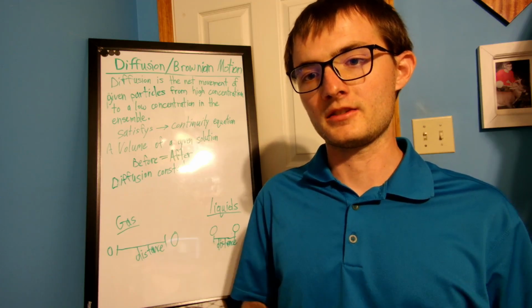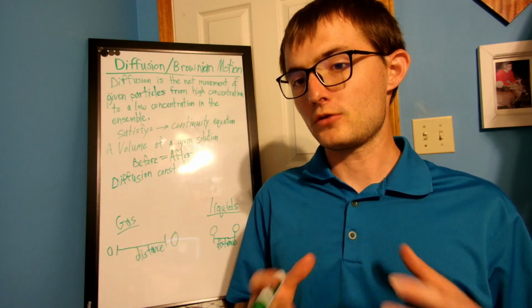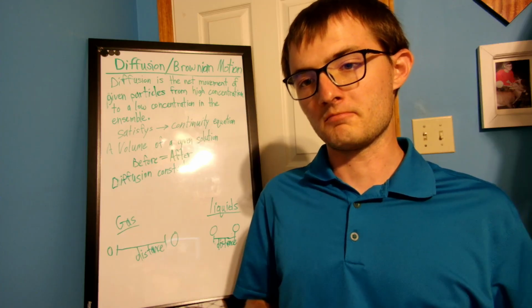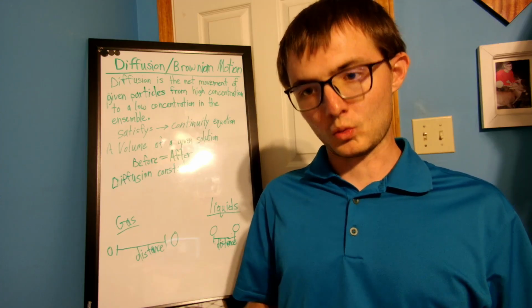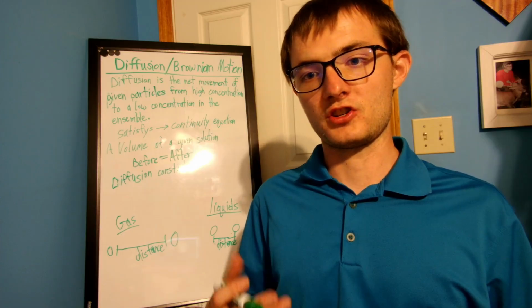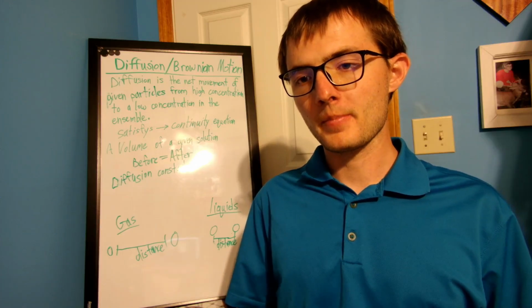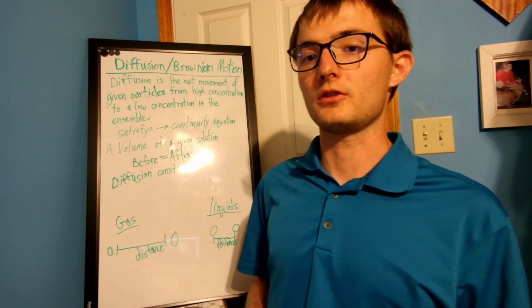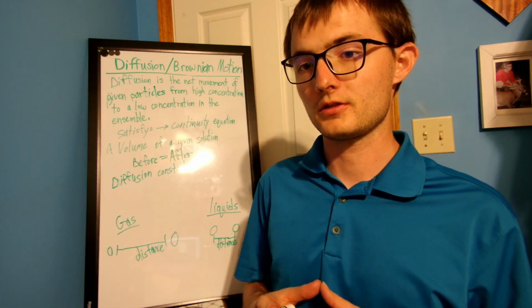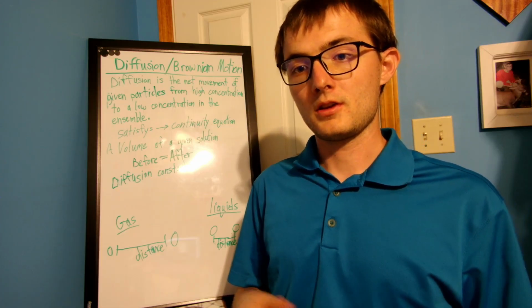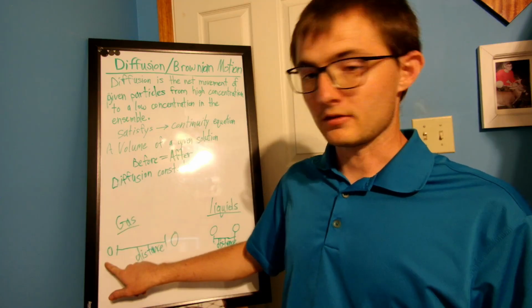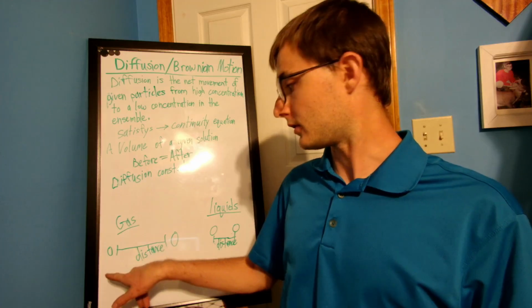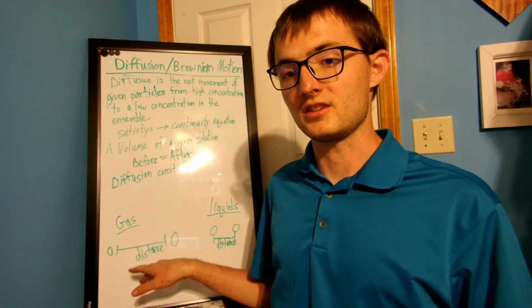Rather, in gases, the diffusion constant will be much smaller because the distance between, say, water vapor and oxygen gas is going to be much greater. So there'll be a lot fewer collisions happening. Oxygen gas and water vapor are going to be at a much greater distance.